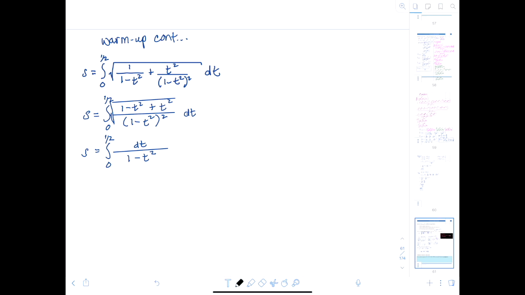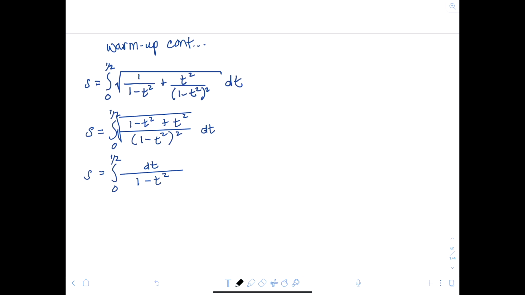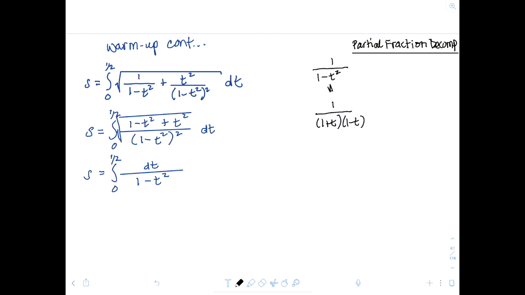Partial fraction decomposition, right? So if we do partial fraction decomposition, that'll be part of our evil plan. The denominator is 1 minus t squared, so you have this expression 1 over 1 minus t squared, but that's equivalent to 1 over 1 plus t, 1 minus t.